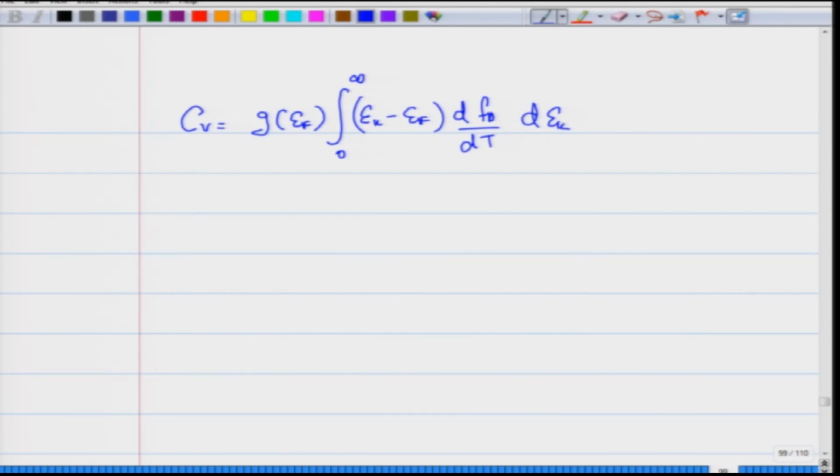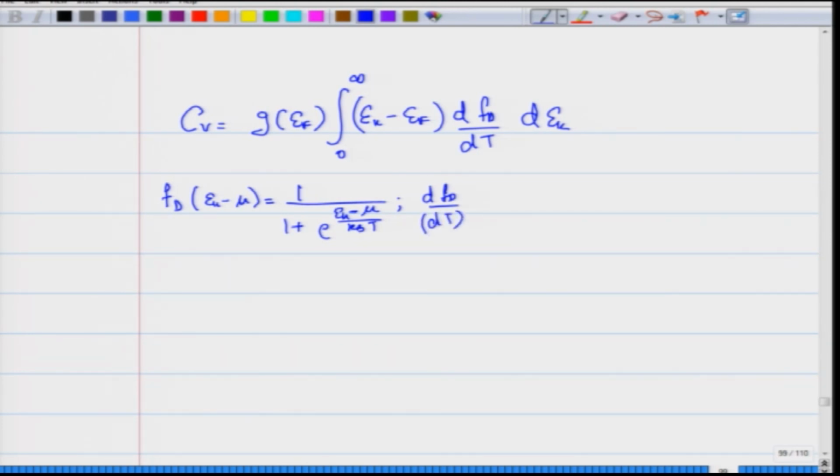And now let us evaluate this expression. The Fermi Dirac distribution Fd(Ek minus mu) is 1 over 1 plus e raised to (Ek minus mu) by kBT. So, therefore, dFd by dT.